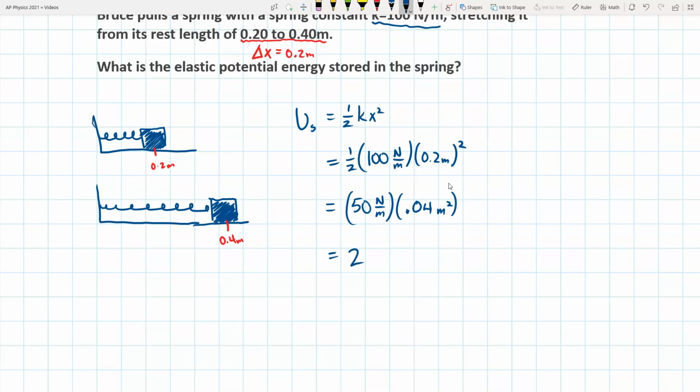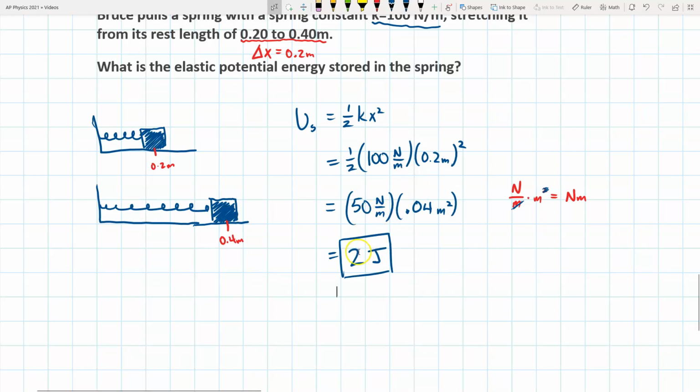And let's just make sure we're getting all these units. A newton over meter times meter squared. Remember, one of these is going to cancel, so this meter will cancel out with one of those meters, and we would be left with newton times a meter, or a joule, right? So that's good. So this would be 2 joules worth of energy.